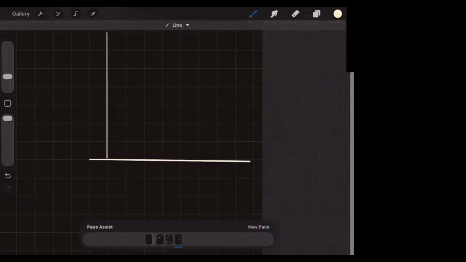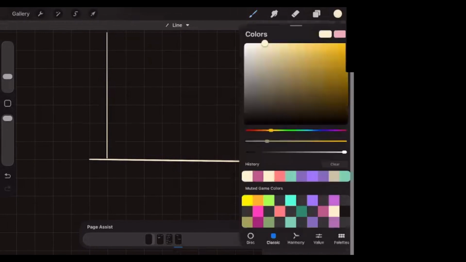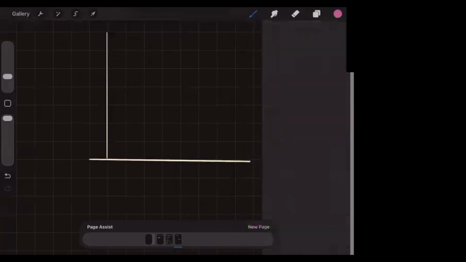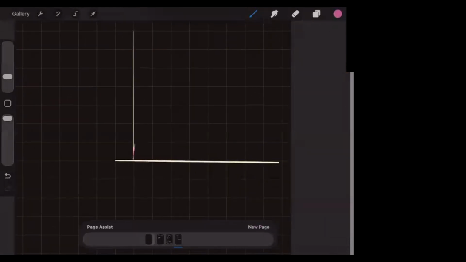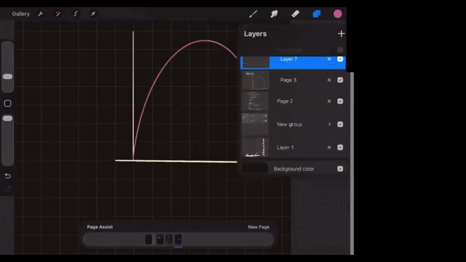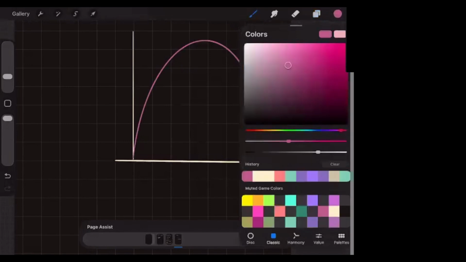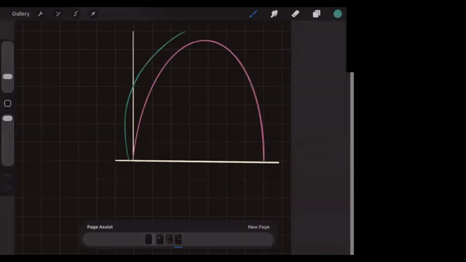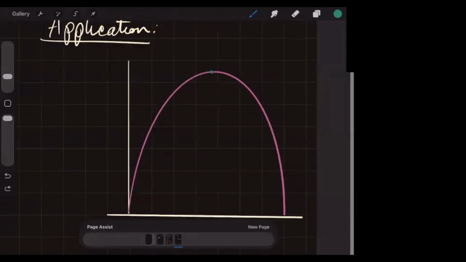If you've taken physics, you'll understand that once an object is thrown in space, it'll go like this and it'll come back down. But let's say this is like a rocket. It goes up, whee, stops, and it comes back down.